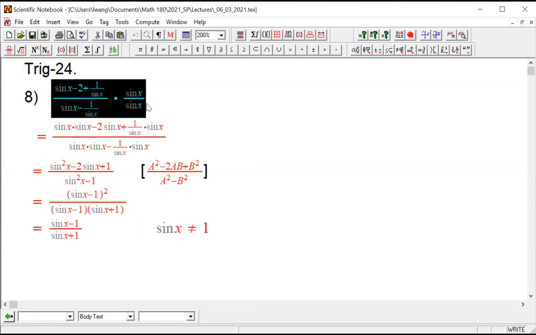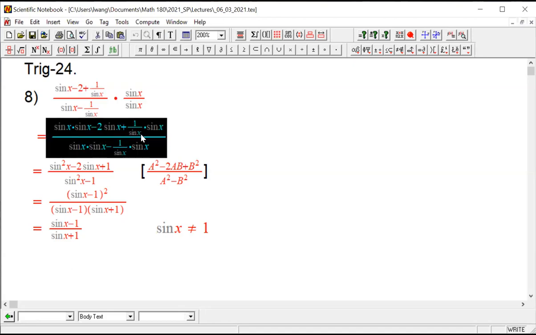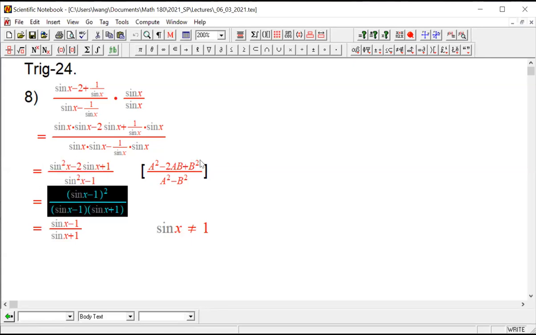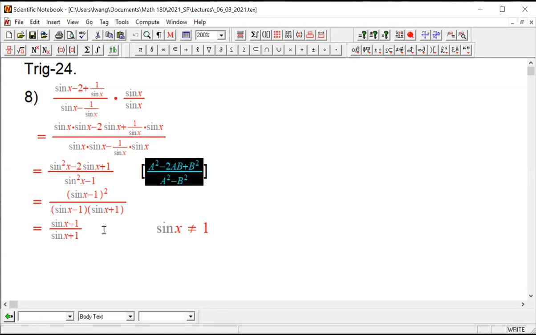So from there, we go through complex fractions and then apply some factoring techniques, and sometimes we encounter those special formulas.